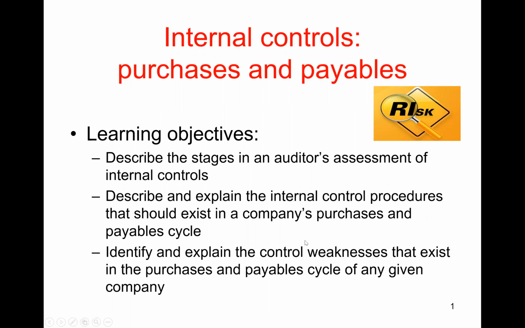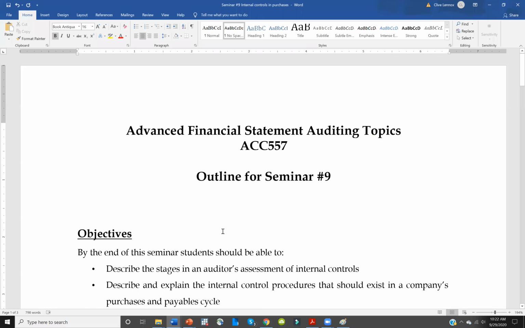Okay, so in other words, you should be able to identify where the control weaknesses are by comparing to the ideal company that has all the controls in place. Okay, so those are the learning objectives for this seminar.